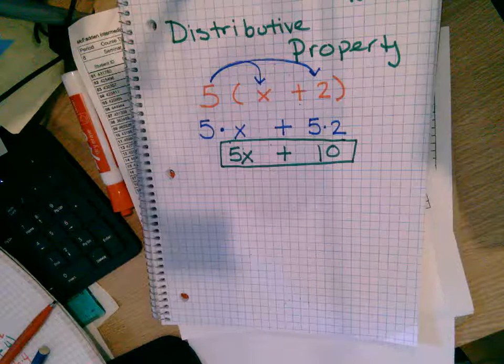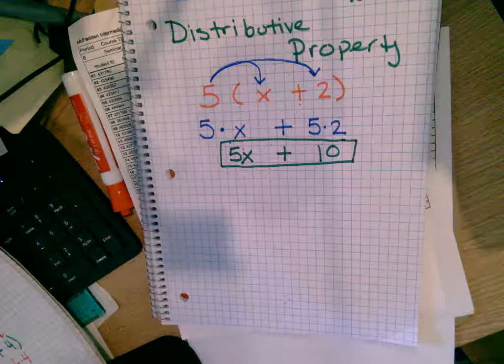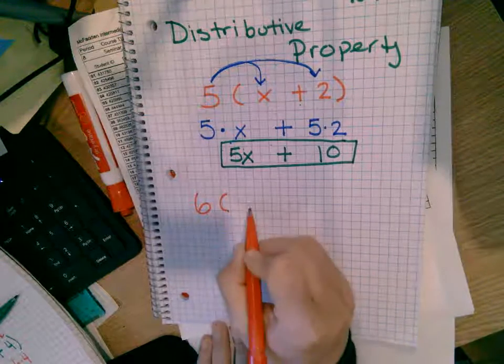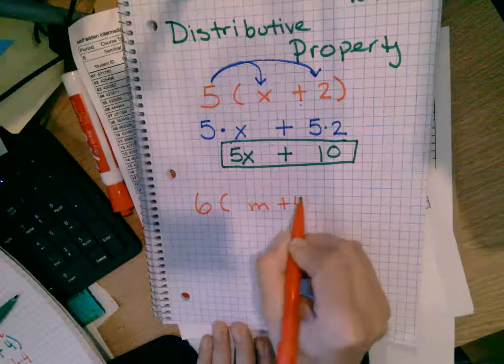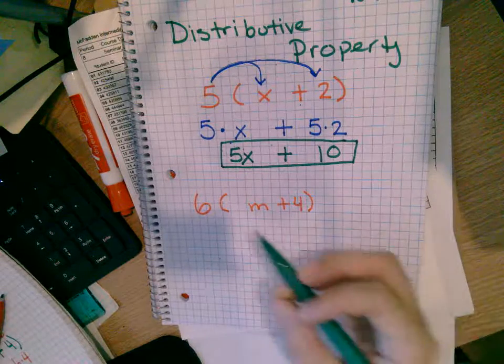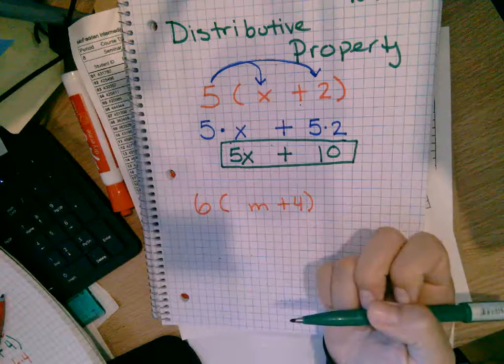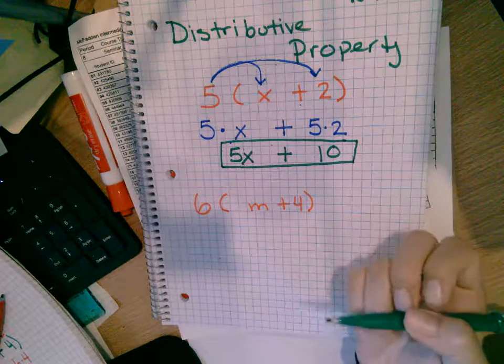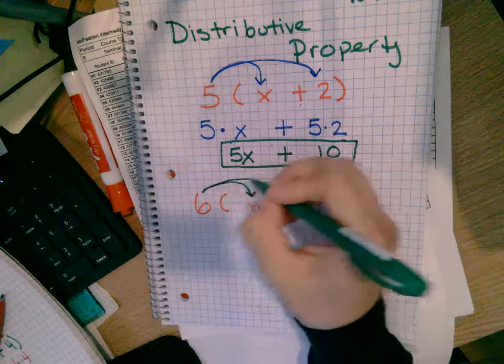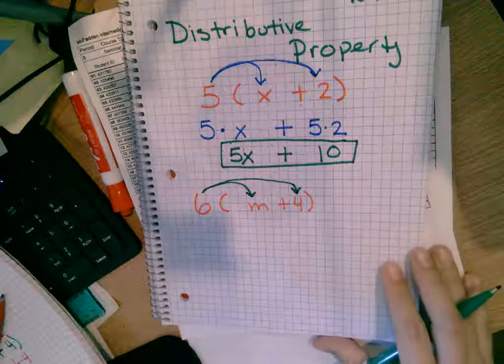No mas. All right, let's try this one. You go to another house and you go trick-or-treating. They're going to give you 6 candies. They're going to multiply your bag by 6. So we're going to give the 6 to the M and the 6 to the 4 by multiplying.